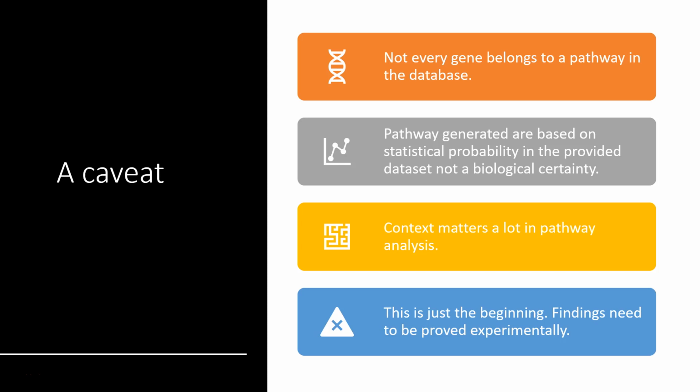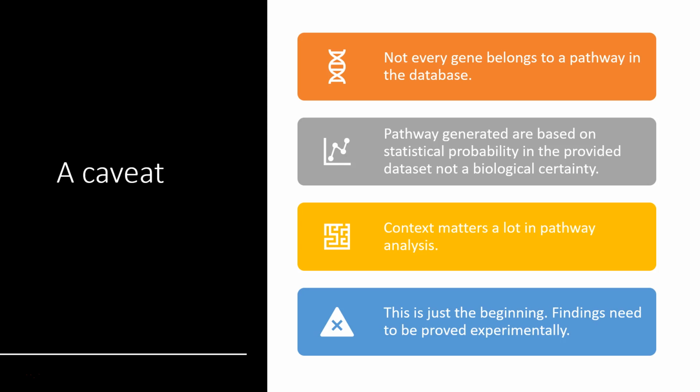So this is looking at what things cannot be done with a pathway analysis, or some caveats to that. Now, not every single gene is going to belong to the database in your pathway analysis software. And not every gene is going to belong to a pathway, period. Some genes do not have functions associated with them at this time, and they may not show up in any of your systems and may just show up as a separate thing.